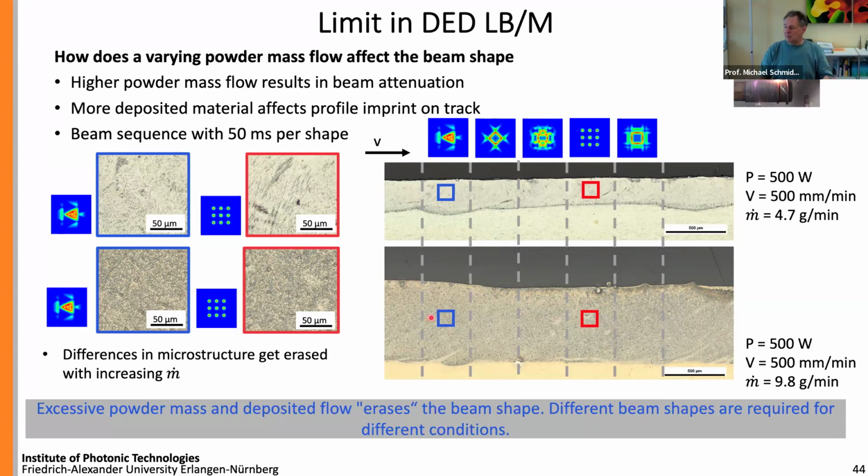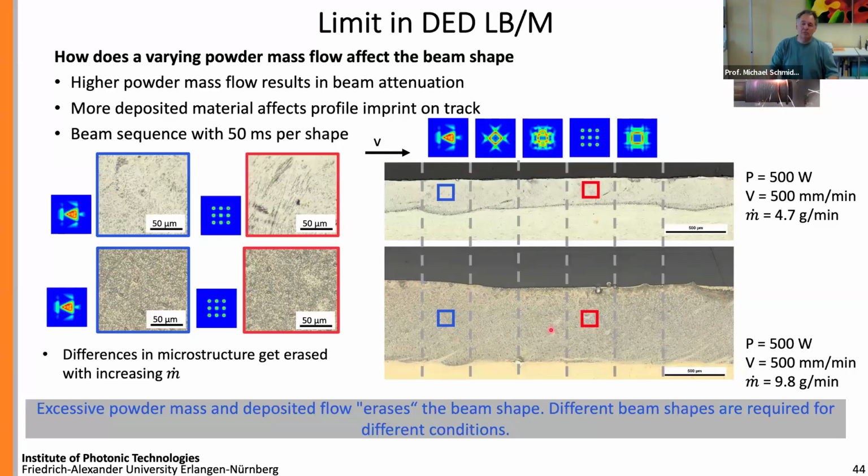let's say the diffraction, refraction, absorption of the powder particles in the beam attenuates and redistributes the light beam, and by that, erases the shape or at least changes the shape, so that your shape might not arrive anymore.